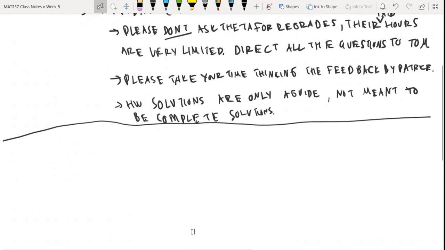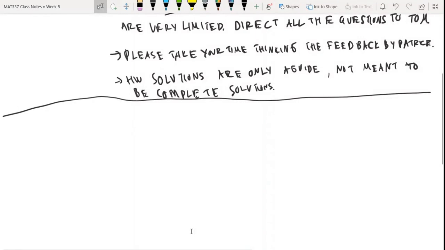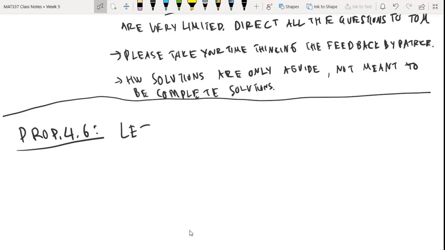Okay, fine, let's start. So last time we were going to prove proposition 4.6. It says let f be a function from S to Rn. Then the following are equivalent.